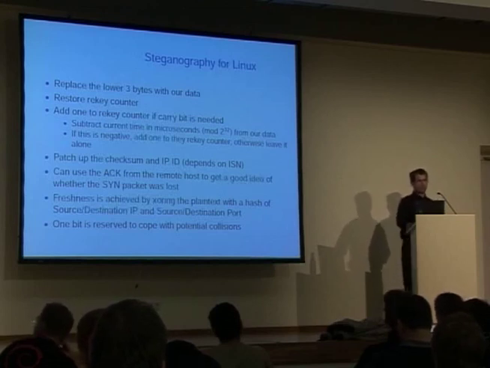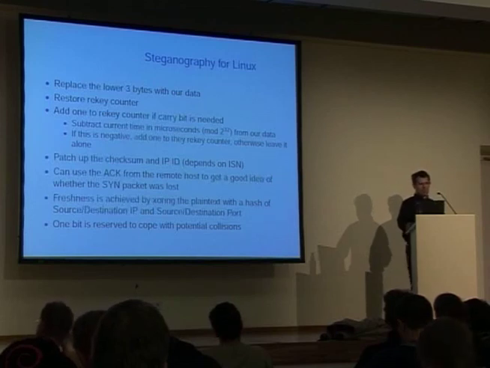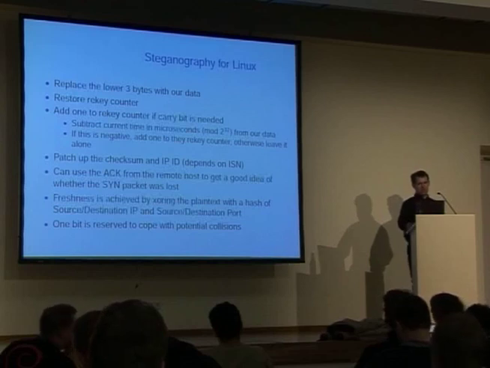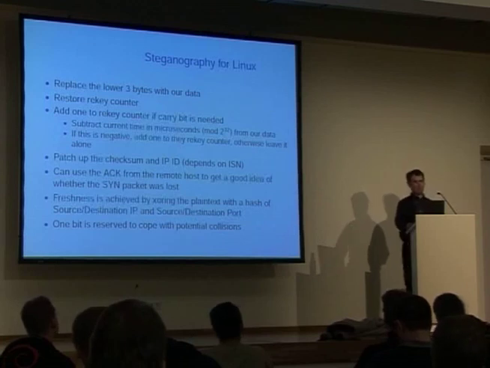Then you also have to worry about what will happen when the time was added on. This might cause a carry into the rekey counter, which the attacker would be able to see. So you compare the current time in microseconds with the data you added, and if the result is negative, then you add one to the rekey counter, and that should hopefully patch all that up.